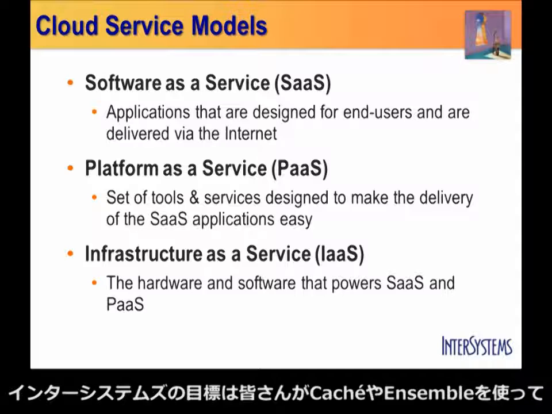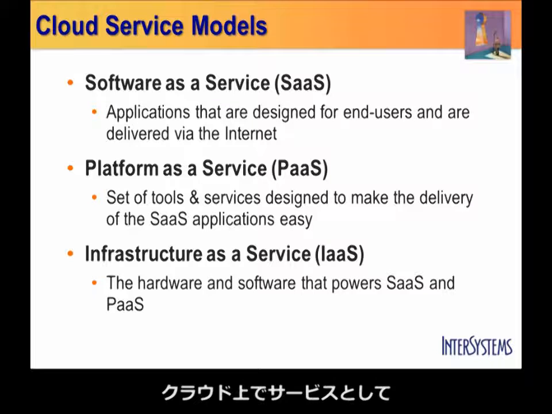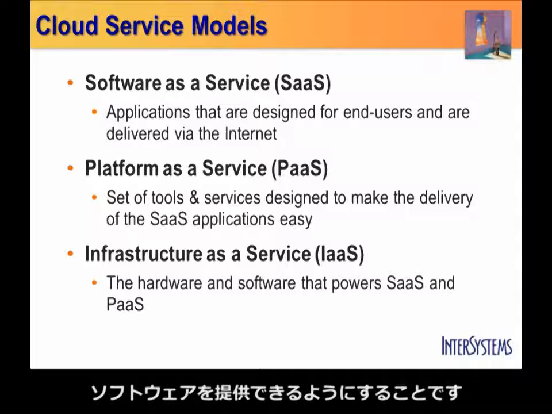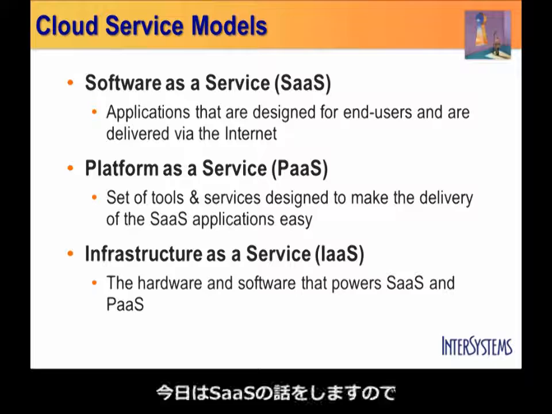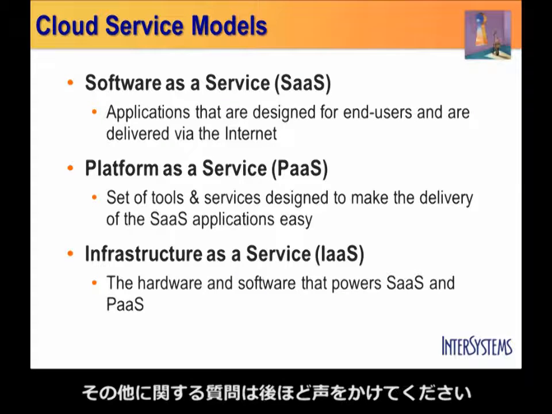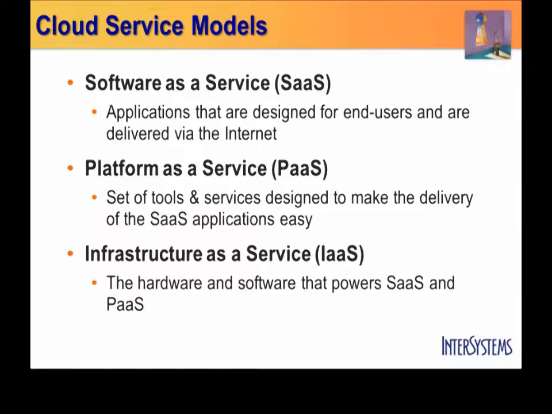So it's InterSystems' goal to make it easy for you to provide your application, your software, as a service, if you so desire, in the cloud using Caché or Ensemble. So we'll look at software as a service today, and if you would like to discuss the others, please feel free to find me later.